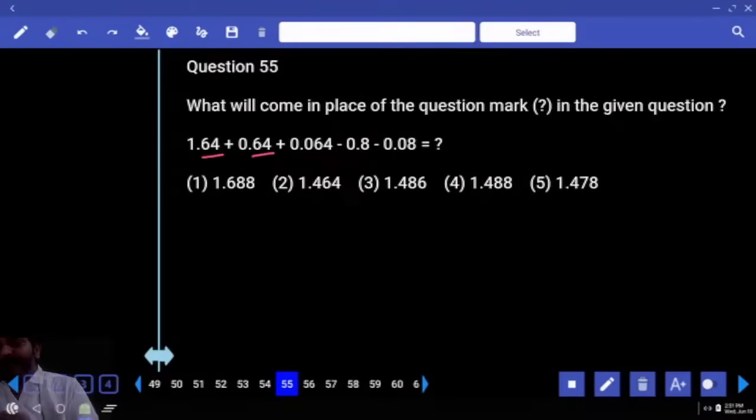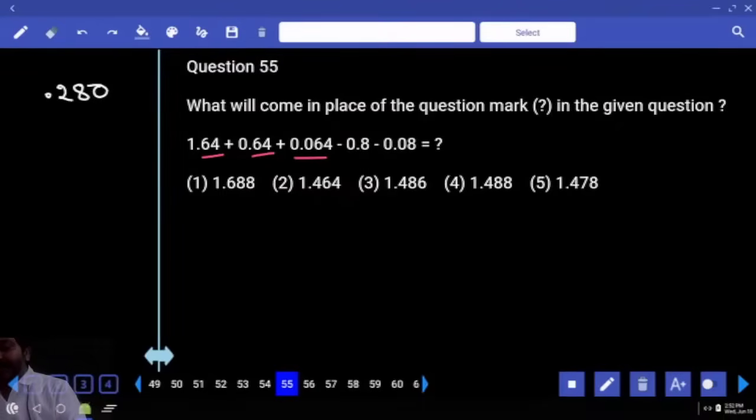0.64, 0.64, 128, 1.28. I want only the number after decimal. And there is one more positive number which is 0.64. Correct?